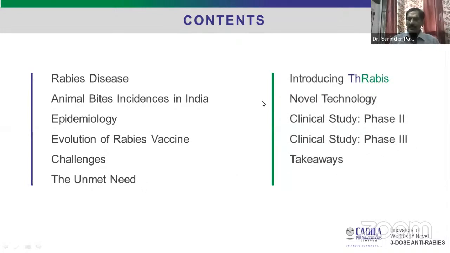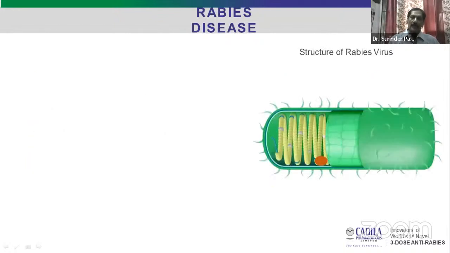Similarly, after this, introducing the rabies vaccine launched by Kerala Pharmaceutical, which is a novel technology. I will be telling about the novel technology of this vaccine, the clinical study, phase 1 and phase 2. So what are the takeaway messages? I will be discussing that.